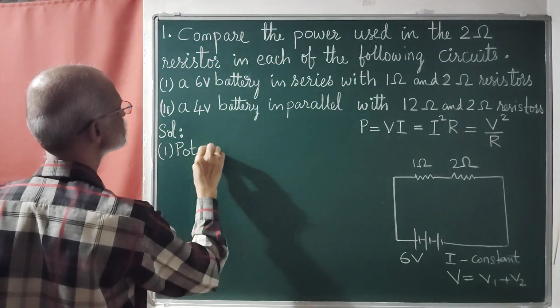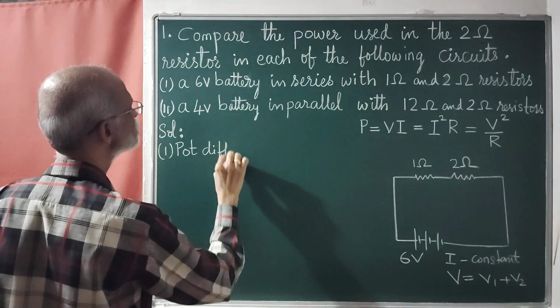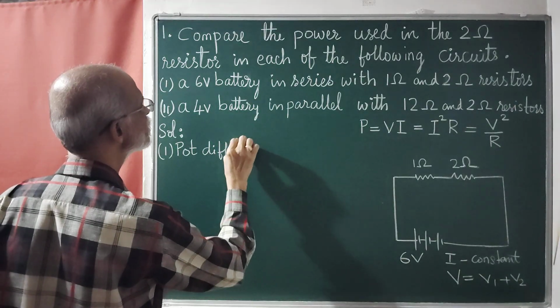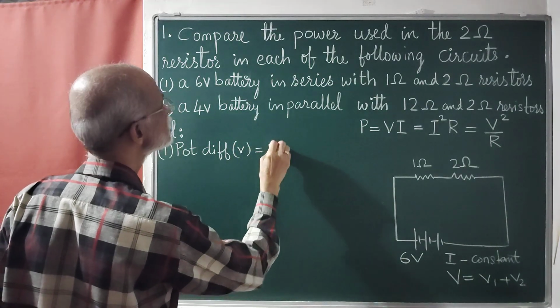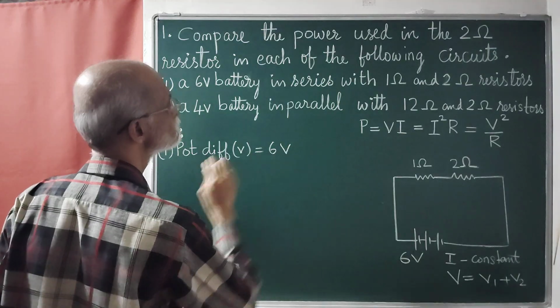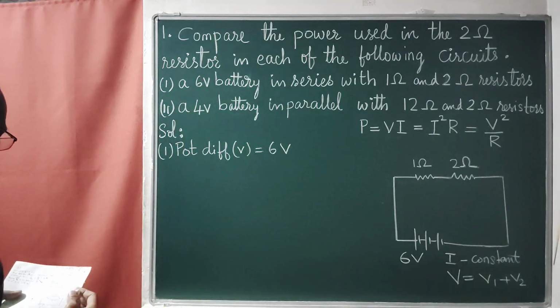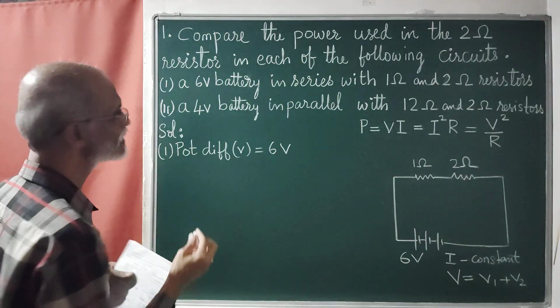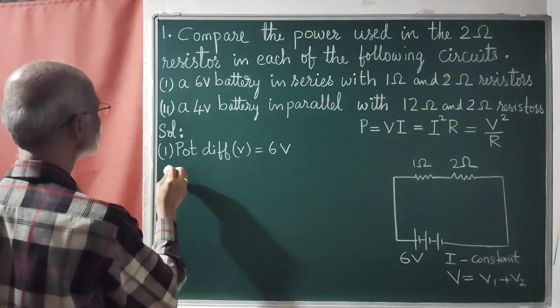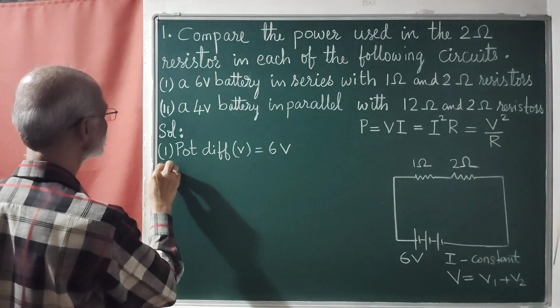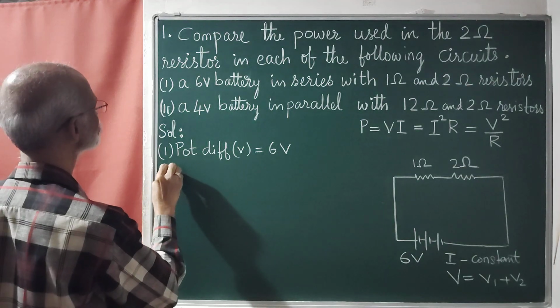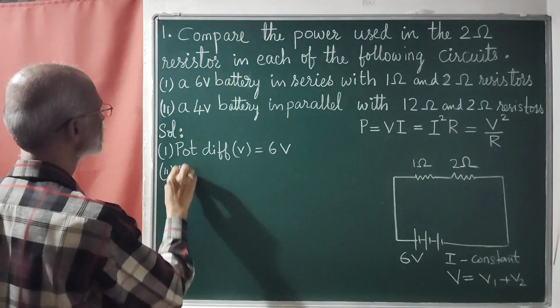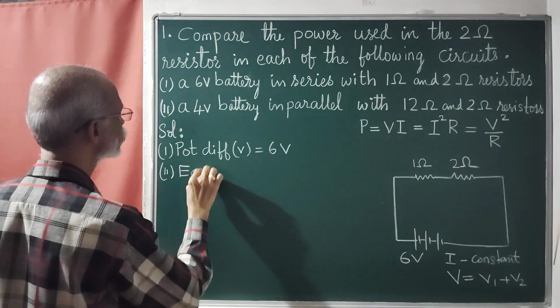Potential difference, V is equal to 6 volts. Equivalent resistance of the two resistors.